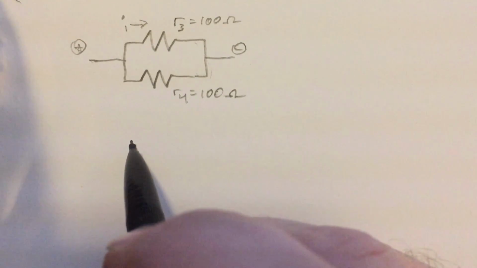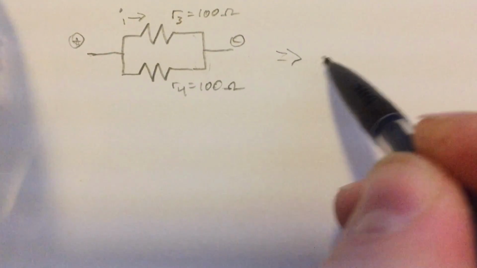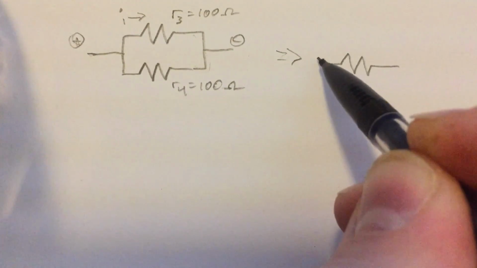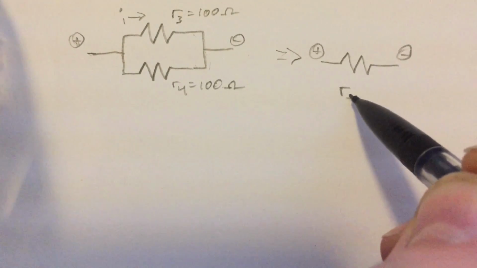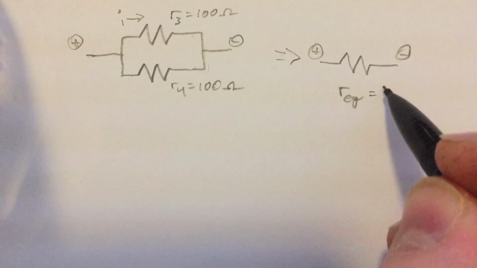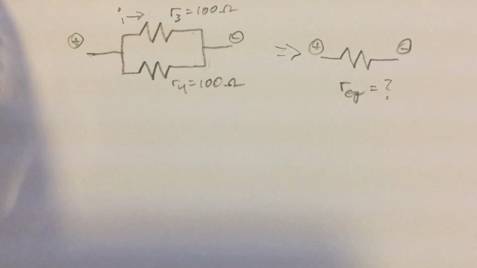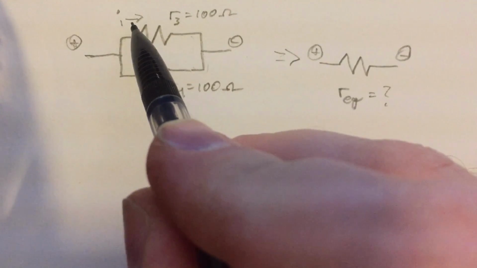Now, the formula for resistive equivalence, let me just sketch this out. R_eq equals, we want to know the overall resistance because we want to know, say, the current going through this branch.